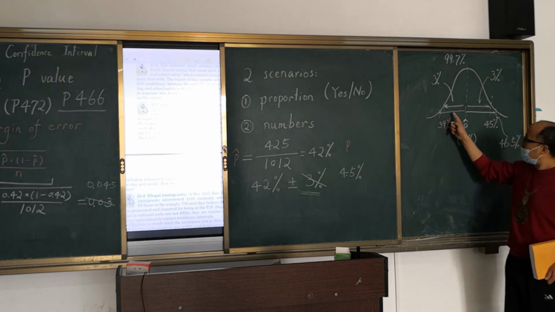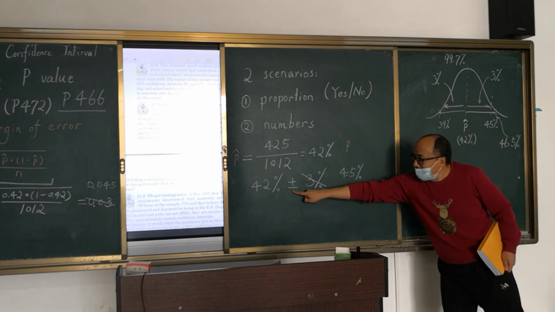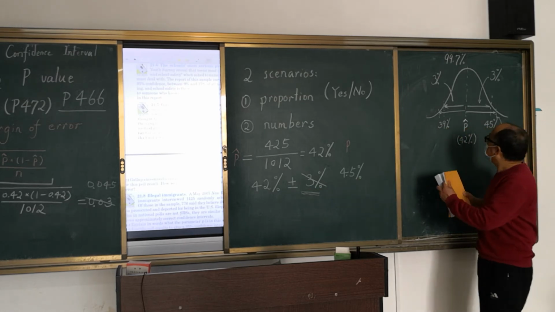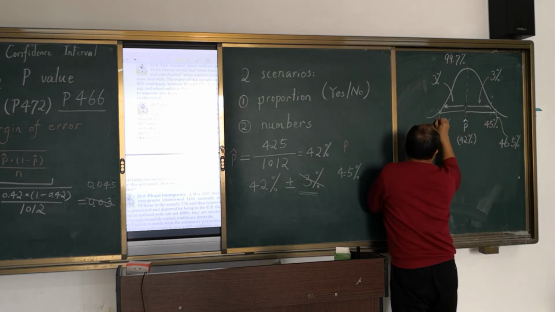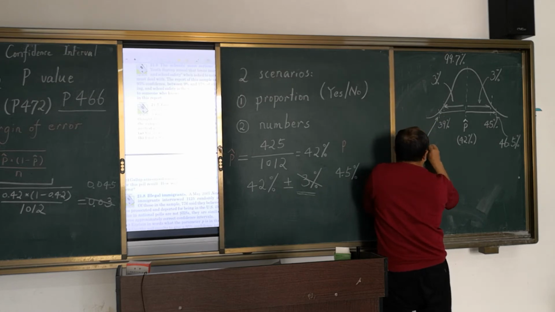Now here 42% minus 4.5%. What's the number here? 37.5%.